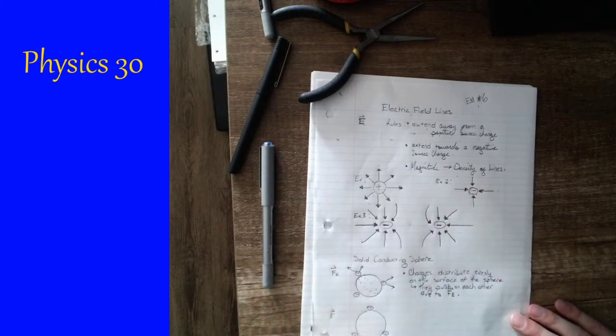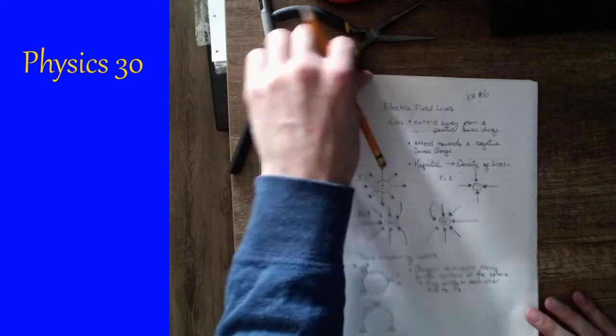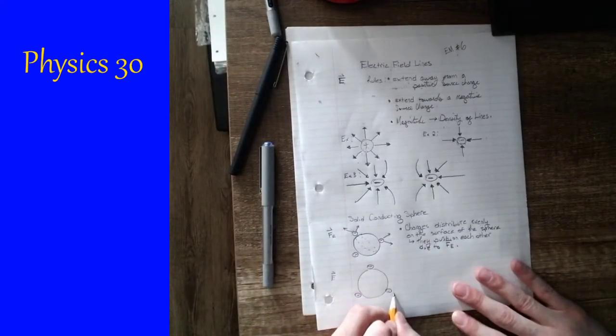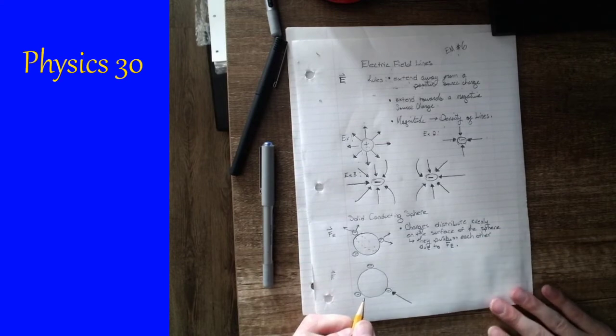So let's draw right here, which you can't see, so let me put my paper up. So at that point, a positive charge will point directly to that negative charge. And right along this point, this negative charge is going to bring that towards it.